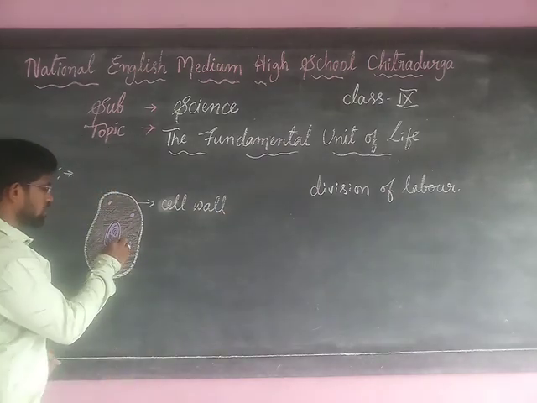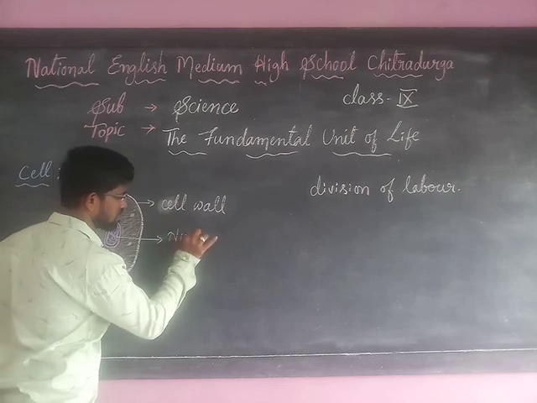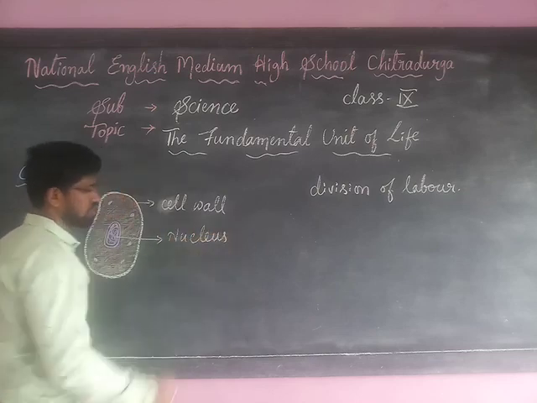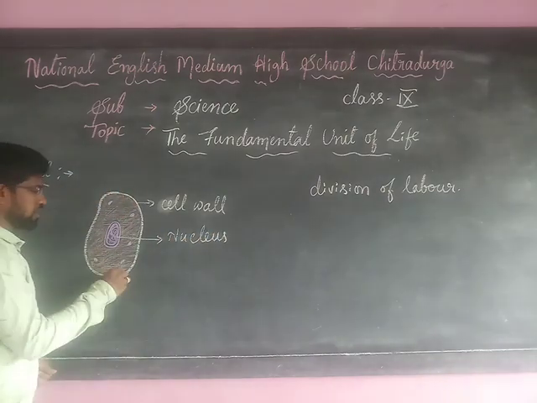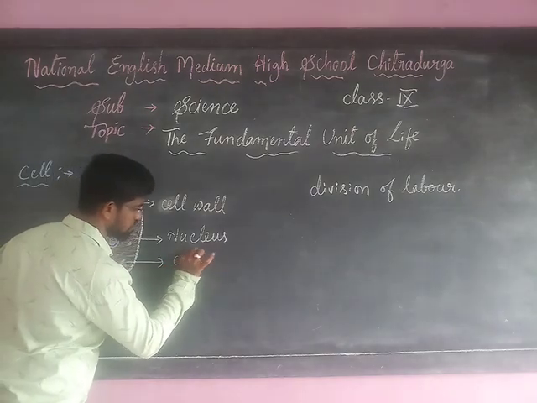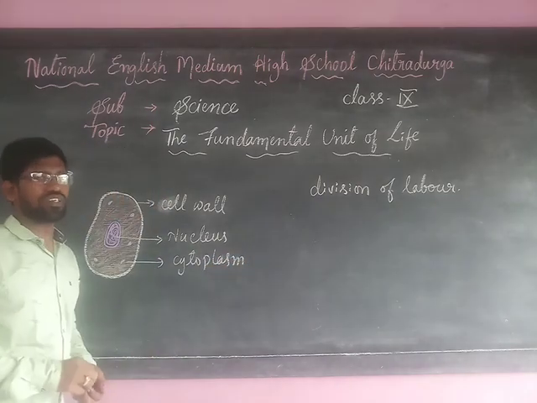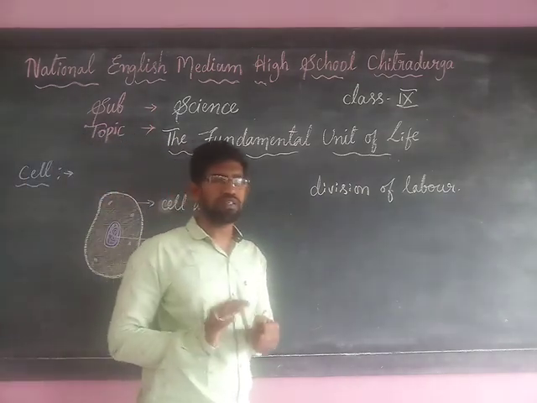The darkest part of the cell is called the nucleus. And the lighter part of a cell is called the cytoplasm. So these are the general main parts of a cell.